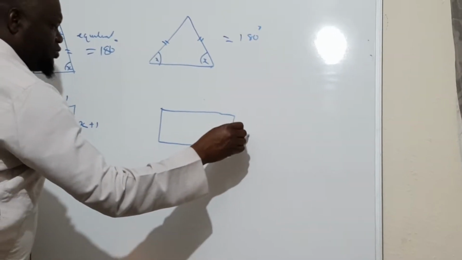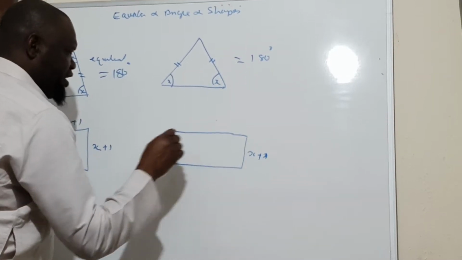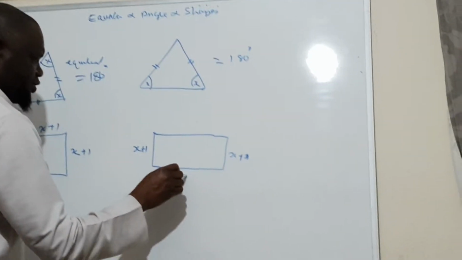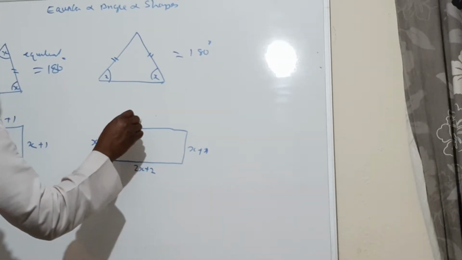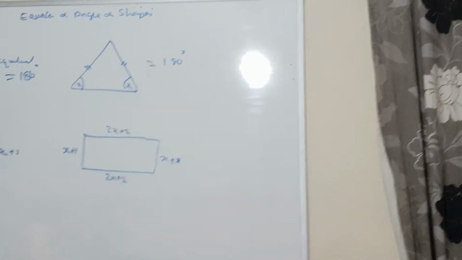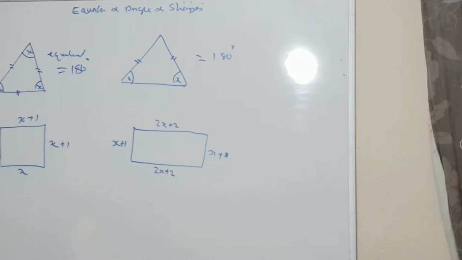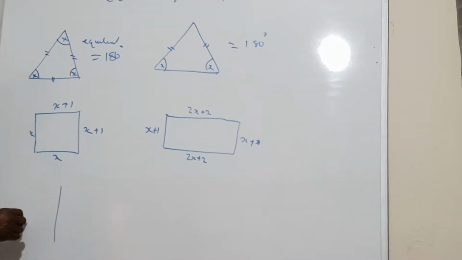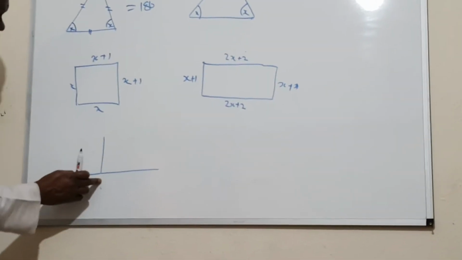If this is x plus 1, this also is x plus 1. If this is 2x plus 2, then this also will be 2x plus 2. So these are the properties that I want you to know. Now I want you to know also a straight line.